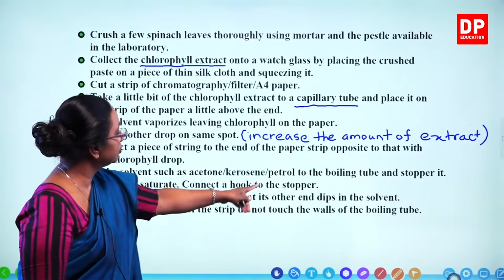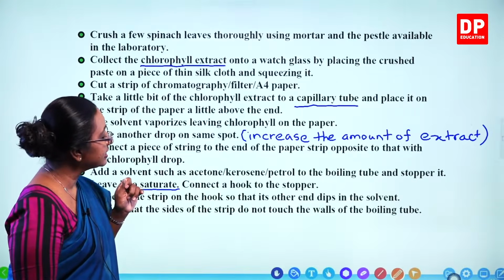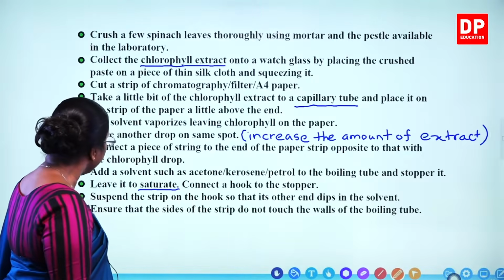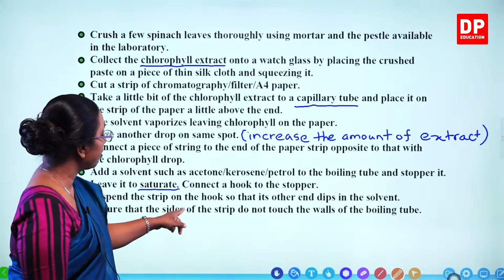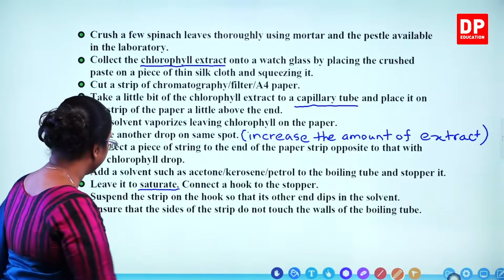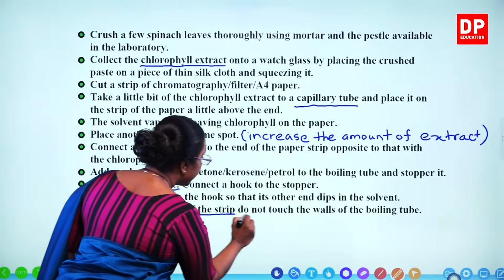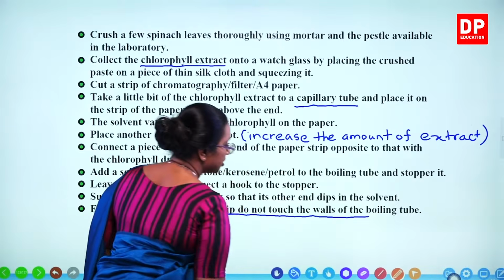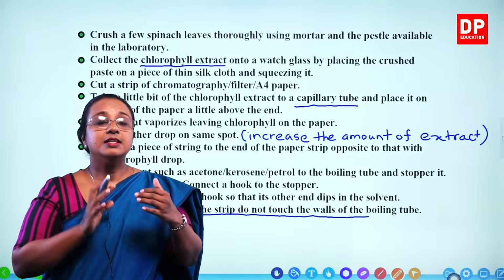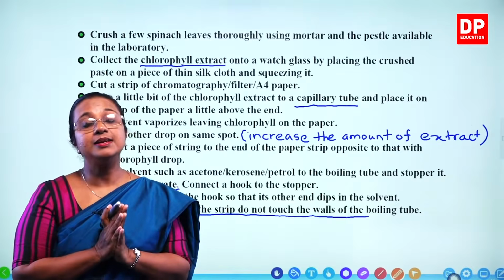Then connect the hook to the stopper, suspend the strip on the hook so that its other end dips in the solvent. Ensure that the sides of the strip do not touch the walls of the boiling tube. This is another thing that you have to remember. Sides of the strip do not touch the walls of the boiling tube, so that the flow of solvent occurs only in one direction.